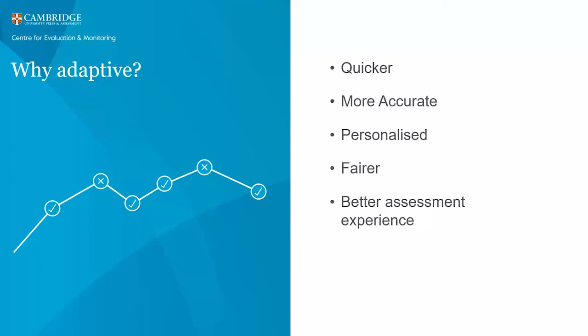You've got a very personalized experience for the student as well, because once again, it's very unique to them. The test very quickly gets to the level of ability of that student, which means they're very engaged in that process, which ultimately means they get a better assessment experience. The byproduct, obviously, is that because they're all seeing different questions, you can sit them next to each other in the class because they can't copy off each other.